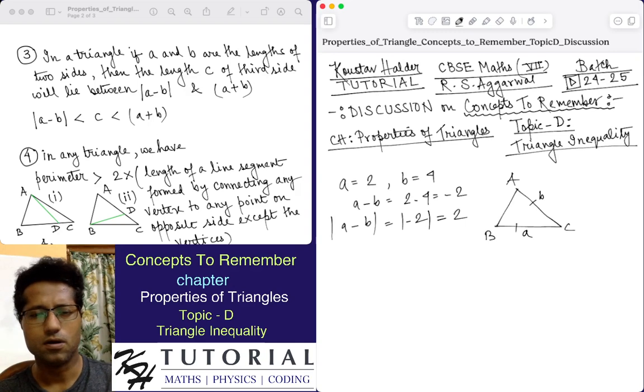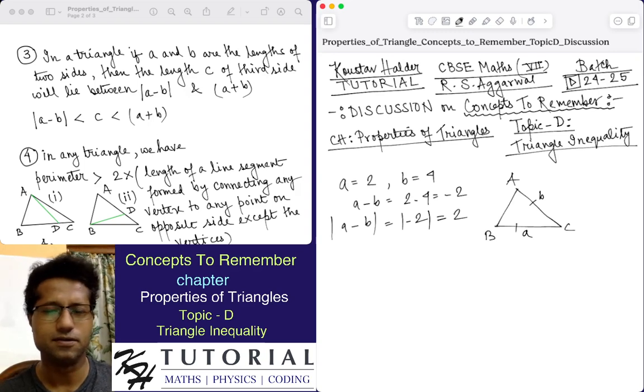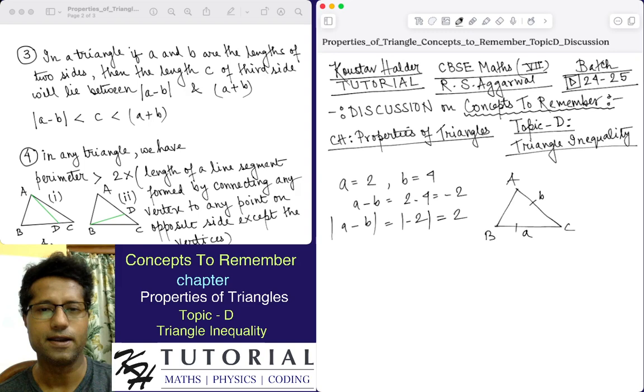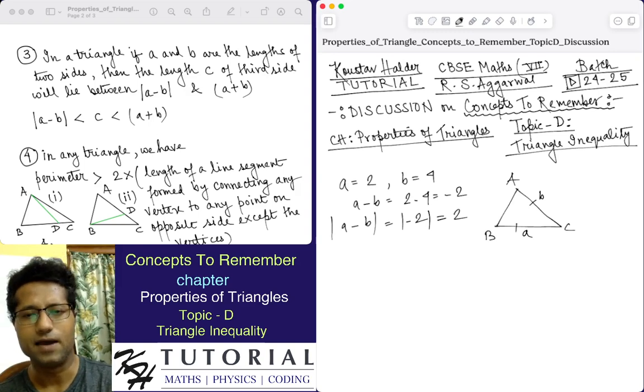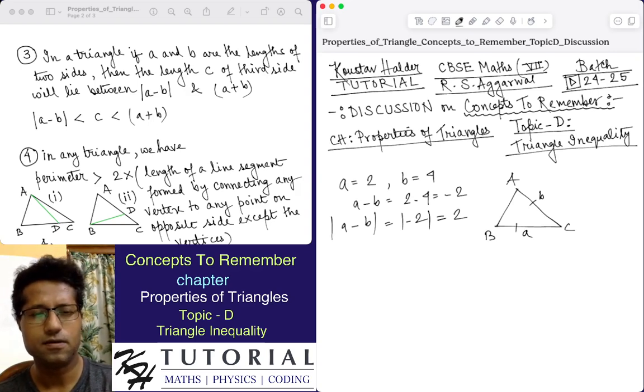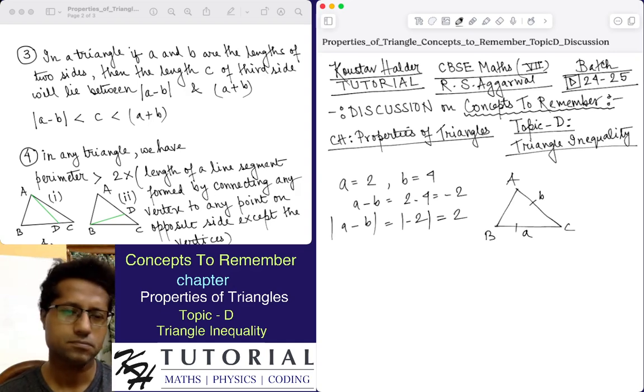The result is that the length of the third side, C, will lie between modulus of A minus B and A plus B. That is, C will be greater than modulus of A minus B, the difference of the lengths of the two given sides, and C will be less than the sum of the lengths of the given two sides.